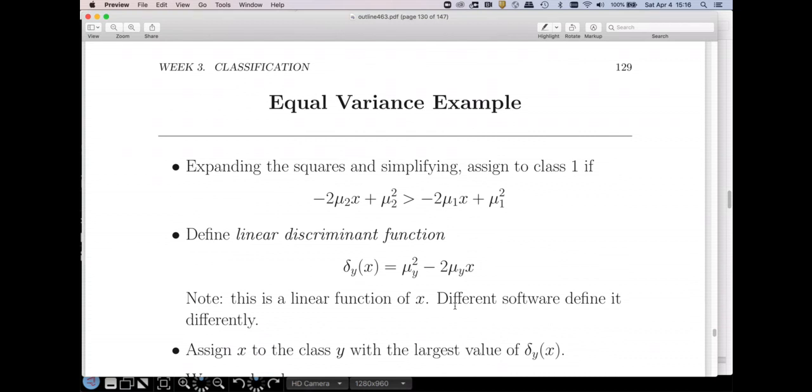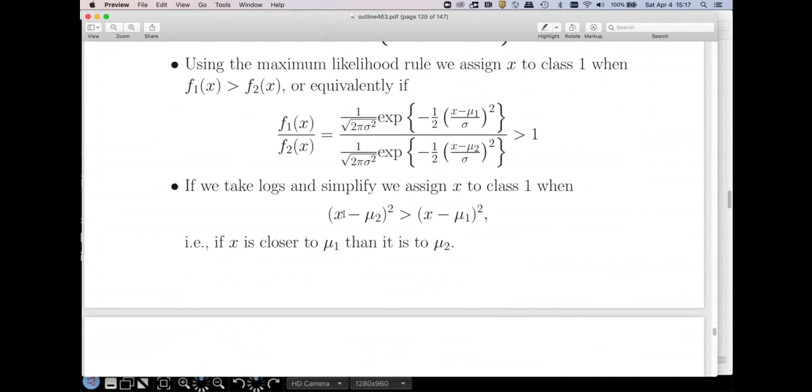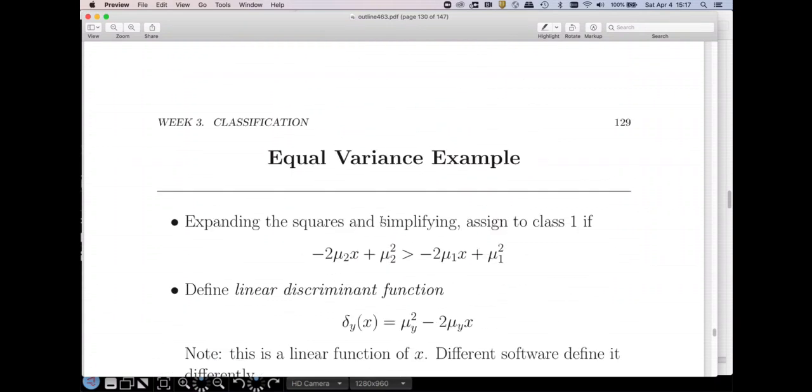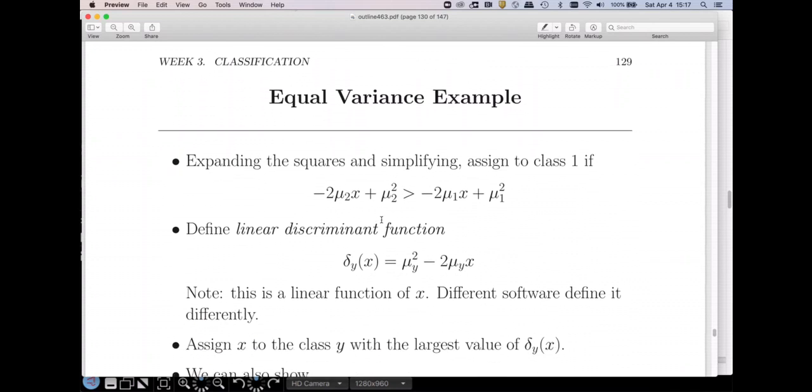Now, I could go off and expand the sum of squares. So this would be x squared minus 2x mu2 plus mu2 squared. And I simplify a little bit. What I'm going to get is something called a discriminant function. A lot of software reports these discriminant functions. R really doesn't.